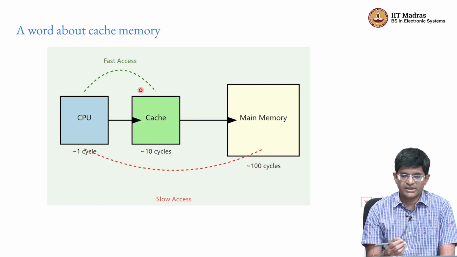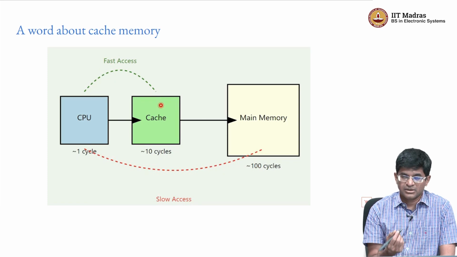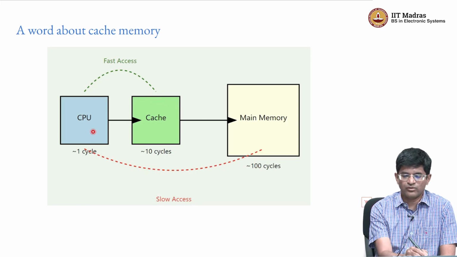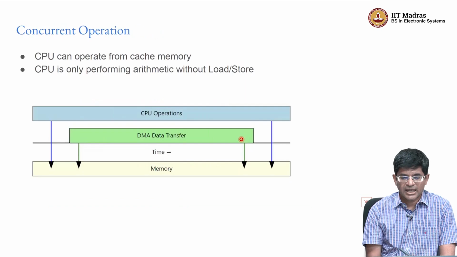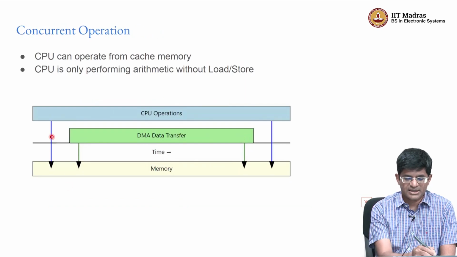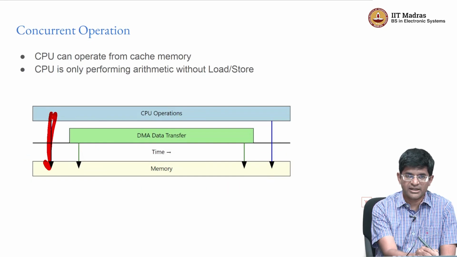Now, with this in mind, with the fact that either your instructions could be sitting in cache or possibly even some of the data that you need is sitting in the cache, what that means is the CPU very often may not actually need to hit the bus and go out to main memory. And what that in particular means is that I could have a scenario where, as far as the memory is concerned, the CPU reads some data.